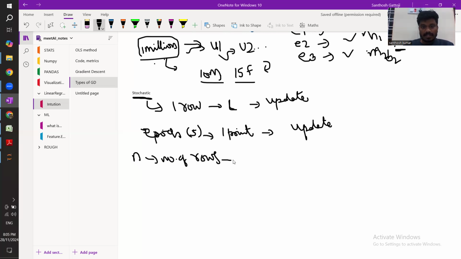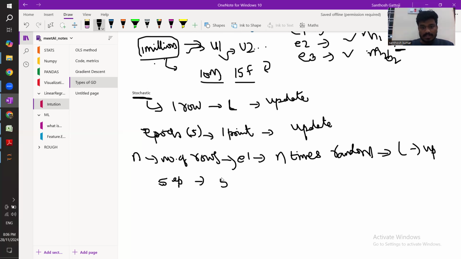So in epoch one, I randomly pick a record, n times, and every time I calculate the loss and update the parameters. If I have 5 epochs, then inside each epoch I update n times, so 5n times in total.